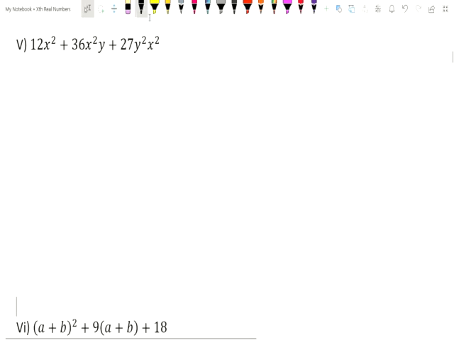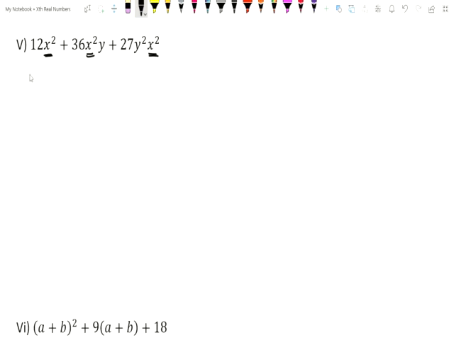Fifth one: 12x square plus 36x square y plus 27y square x square. Before finding the factor, we need to check whether any other common factors are there. See here, x square, x square, x square, and all those 12, 36, 27 are divisible by 3.